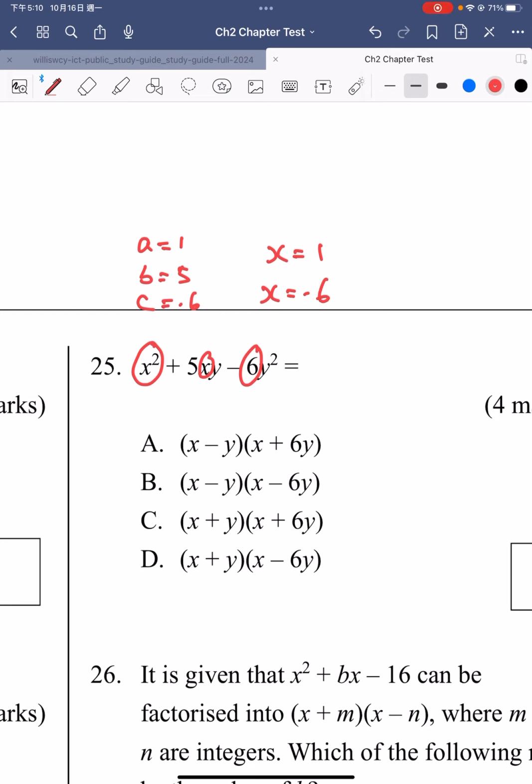So we can write it as x minus 1 and x plus 6. Just because there's one more y, you can put it next to the x. So we have x minus y here, and changing the 6 to become 6y. So the answer is x minus y times x plus 6y, so the answer is going to be A.